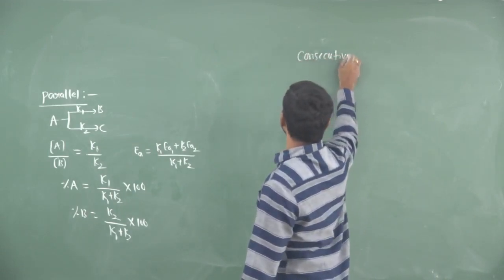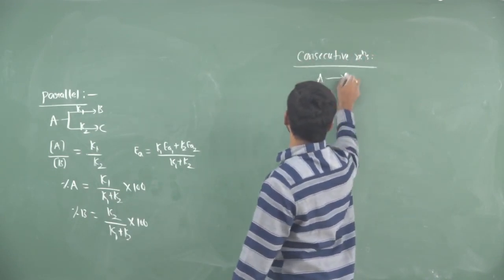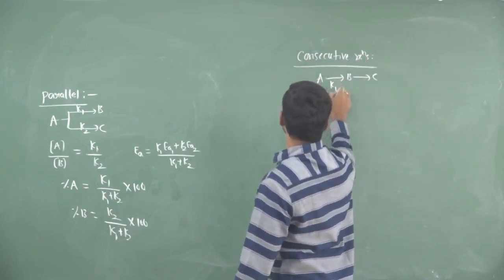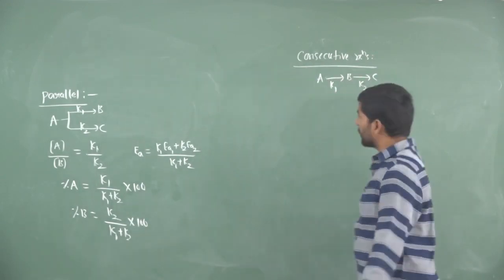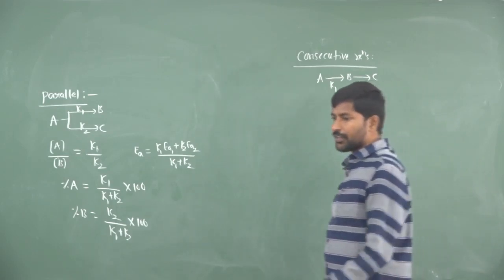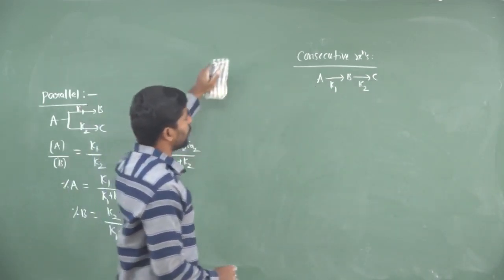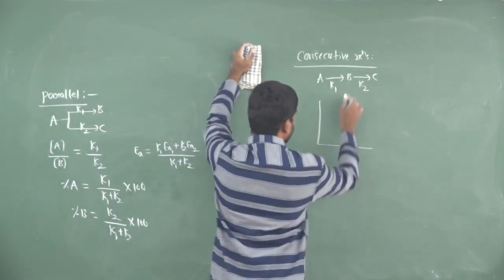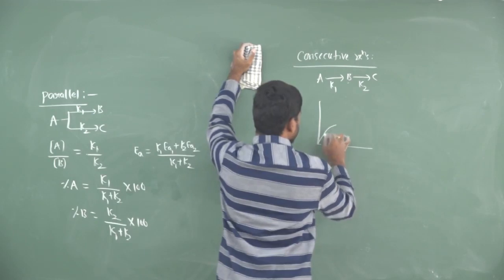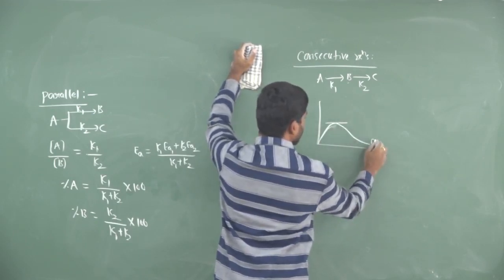Next we discuss consecutive reactions. Already we discussed consecutive reactions at steady state approximation. Consecutive reactions are nothing but the reactions which take place one after the other. In this you have to remember, okay, here concentration of intermediate B changes like this.